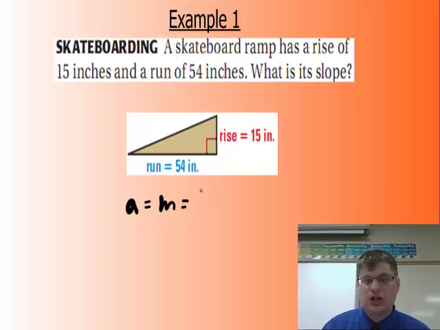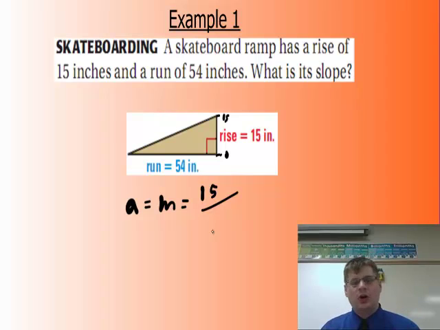Again, it's our change from ground 0 inches to 15 inches, a difference of 15, so we're rising 15, and then we're going to run 54, moving to the right 54 inches.